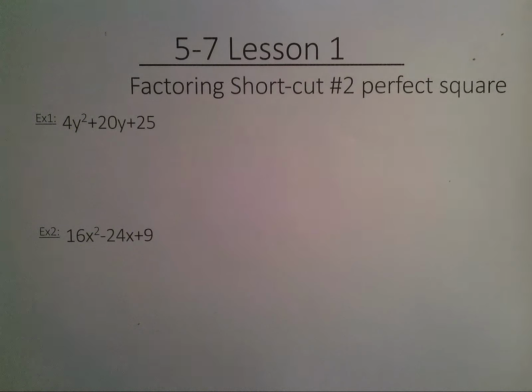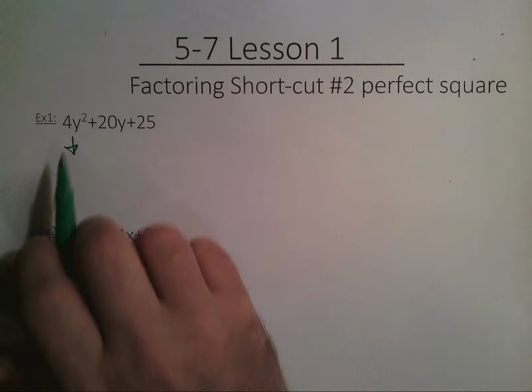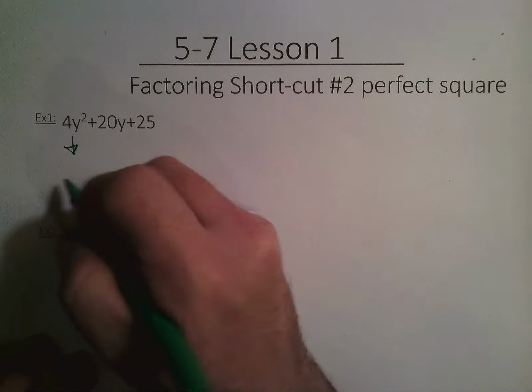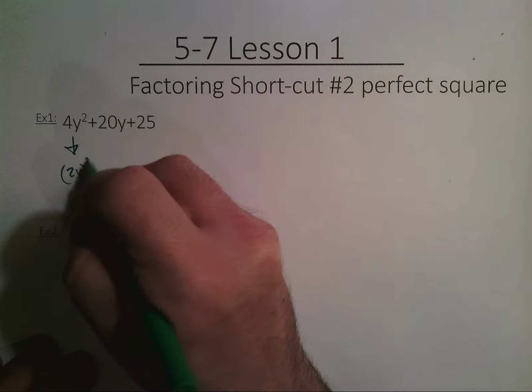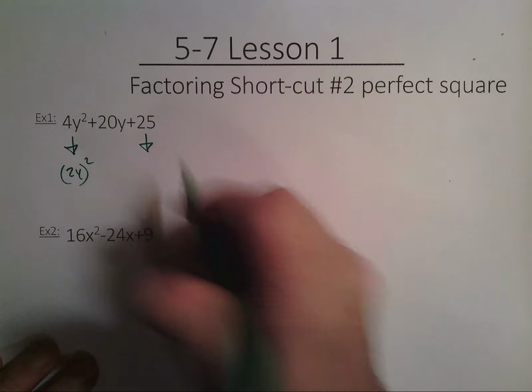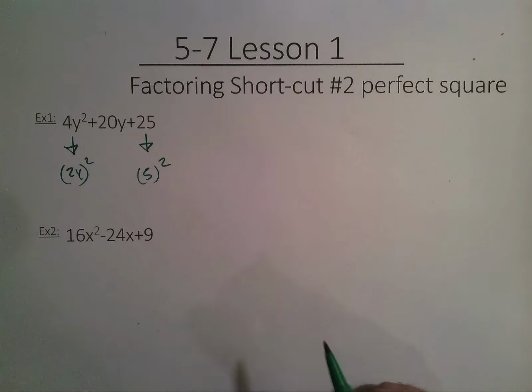But if, for whatever reason, your first thing is a square, and 4 is the square of 2, y squared is the square of y, so 2y squared, and your last term is a square, 25 is 5 squared. And now we need to check something.